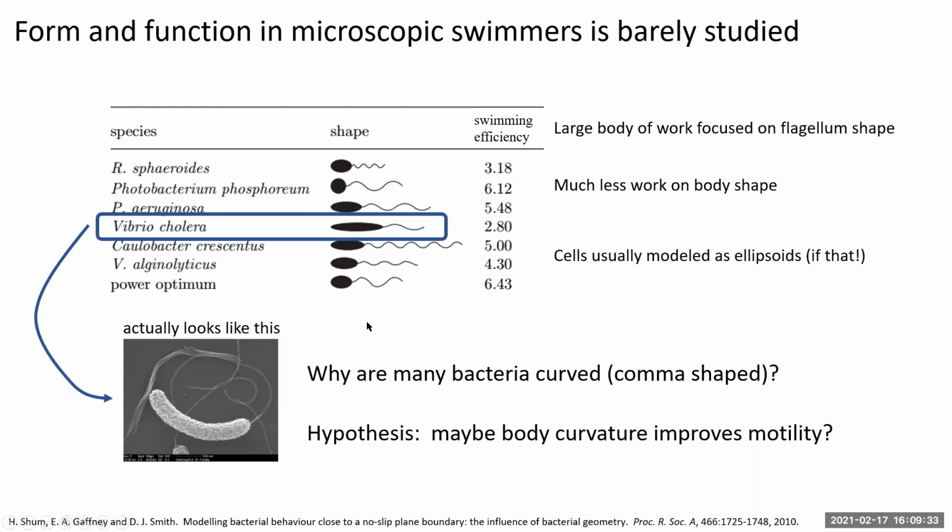It's not an ellipsoid. So again, the question is, what if you actually start to think about these more complicated or realistic shapes? What effect might that have? My hypothesis was maybe that curvature can actually give them some kind of enhanced motility, some kind of enhanced swimming speed. I'll get to why I had that hunch in the next slide.